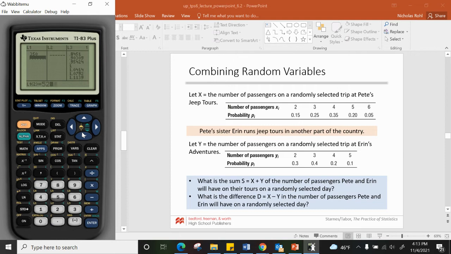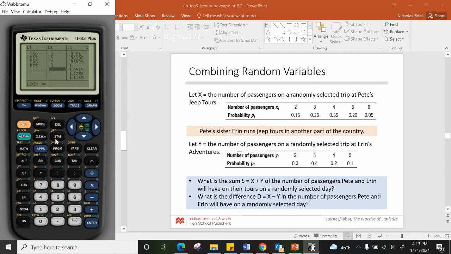And it'd be 525. At 875. And then I'd get 0.3, 0.4, 0.2, and 0.1.